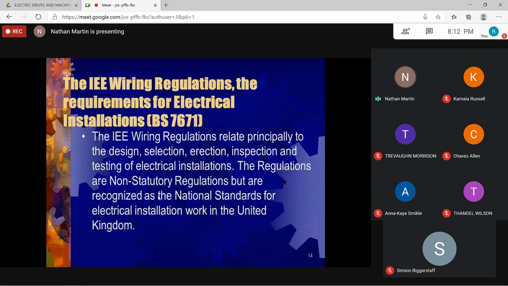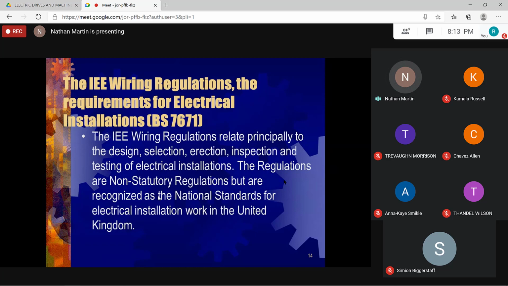The IEE regulation, right, British Standard 7671, really puts the onus on these standard principles, such as design, selection, erection, inspection, and testing of electrical installations, right? The regulations are non-statutory, meaning that these are codes of practice, but you must follow them, right?